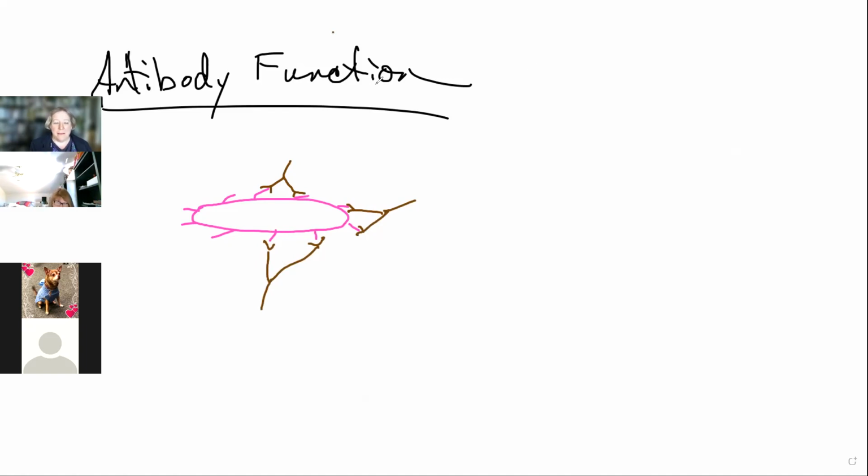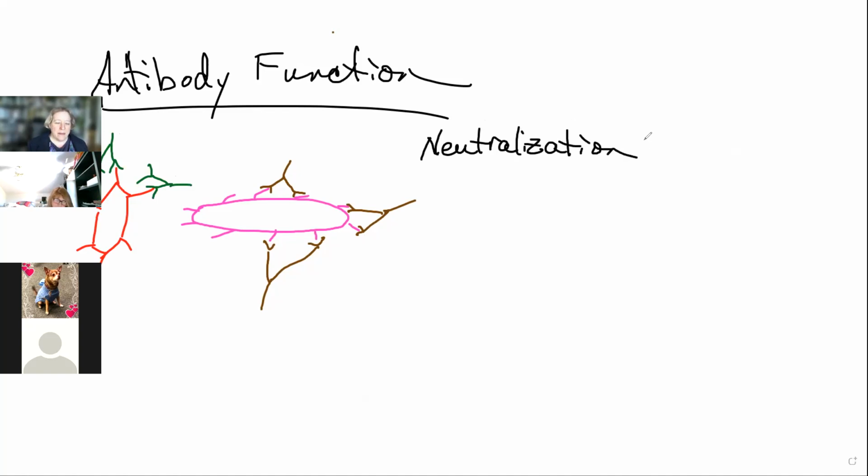The same thing happens if I'm talking about a virus, and I'm going to do a non-envelope virus just because it's quicker to draw than an envelope virus. So I've got a different antibody that grabs a hold of the spikes and it prevents attachment. We call this function neutralization. So it's preventing attachment.